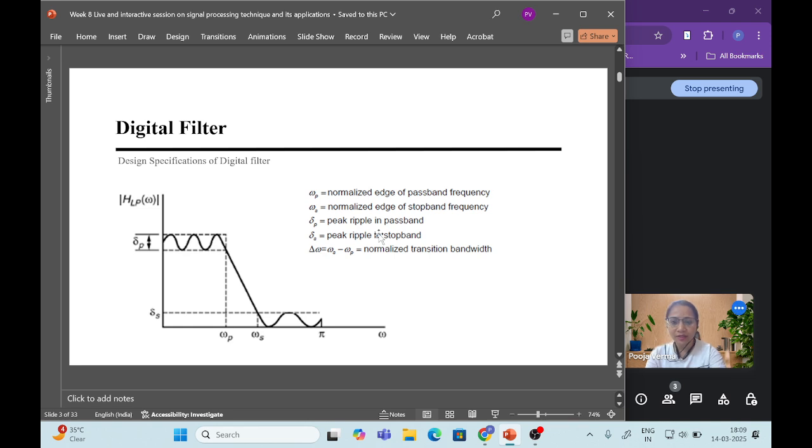Del s is the peak ripple in the stop band and del p is the peak ripple in the pass band. Till here it is the pass band frequency. From here to here it is the stop band, and omega s minus omega p is the transition bandwidth, represented by del omega.